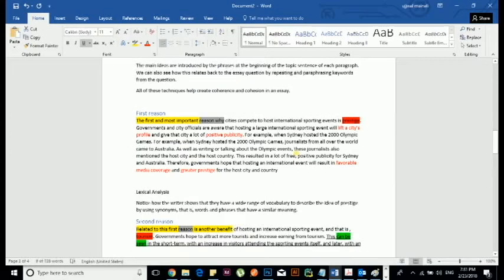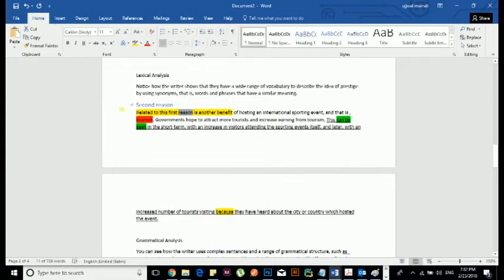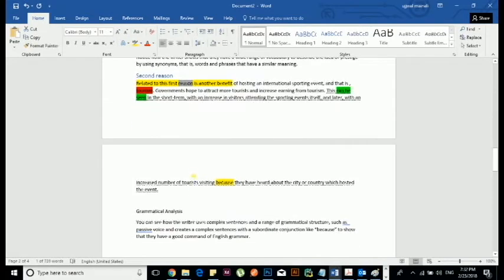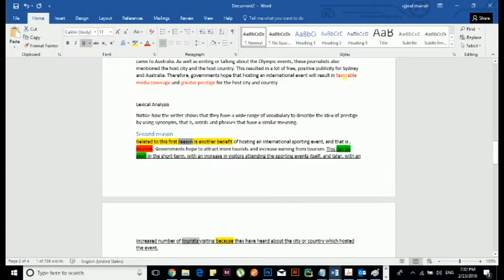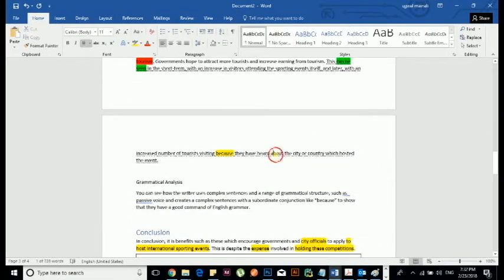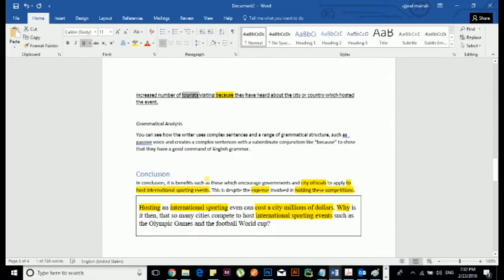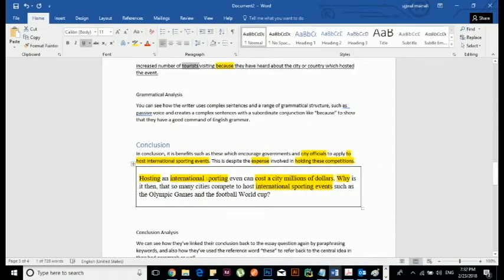So you can see how the first statement, being a matter of prestige and covering a lot of media, actually supported the second reason and helped promote tourism. So larger media coverage also makes the city famous and in the longer term promotes tourism.